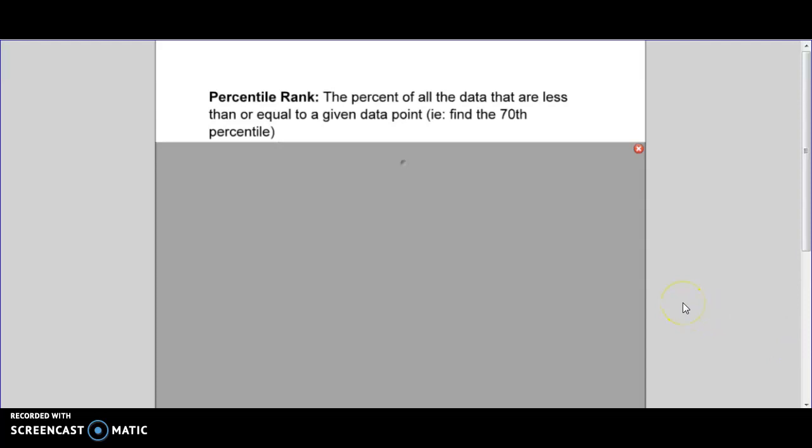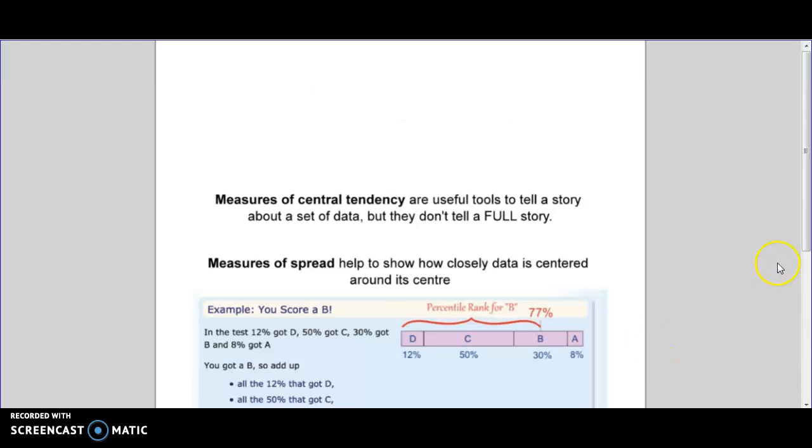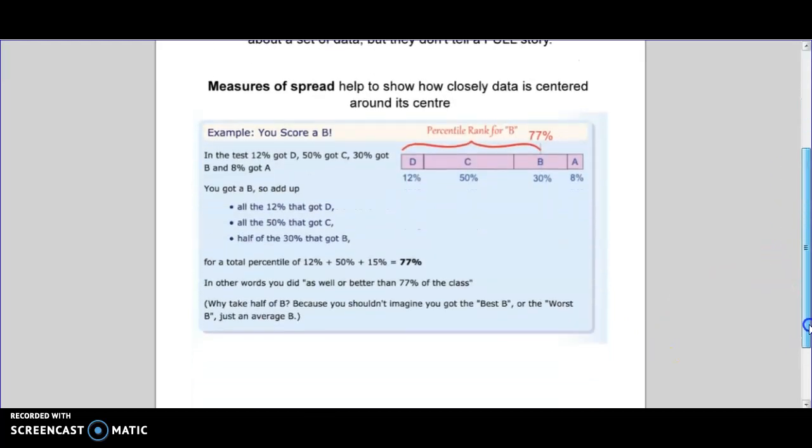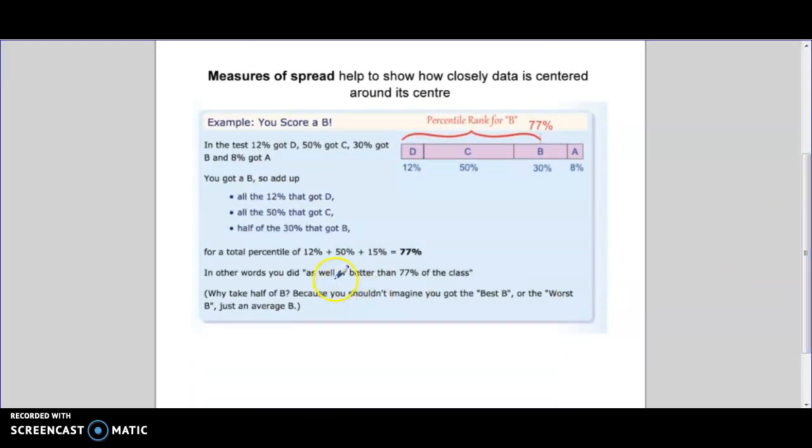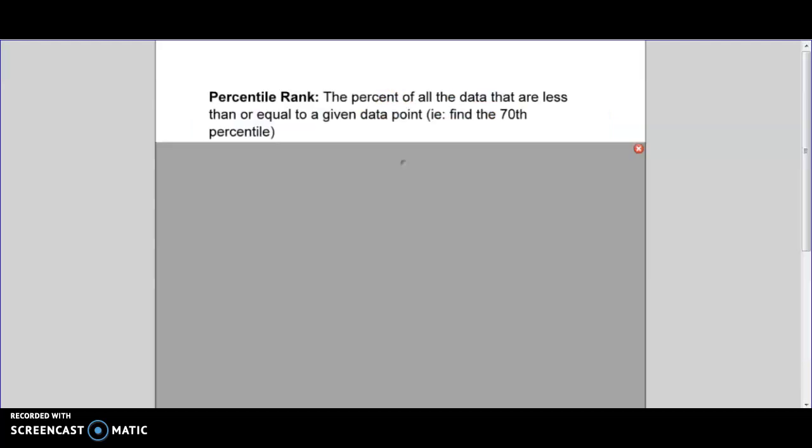Okay, moving along. We just discussed that we did as well or better than 77% of the class. In other words, the percentile rank, which is what we see on the next slide, is 77. And what do we mean by percentile rank? The percent of all of the data that are less than or equal to a given data point.